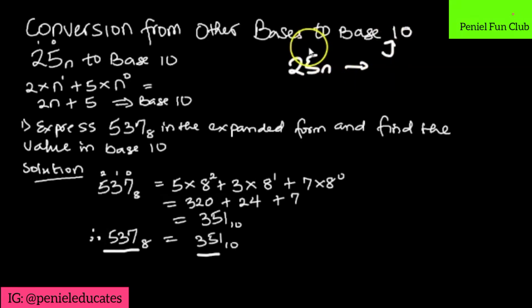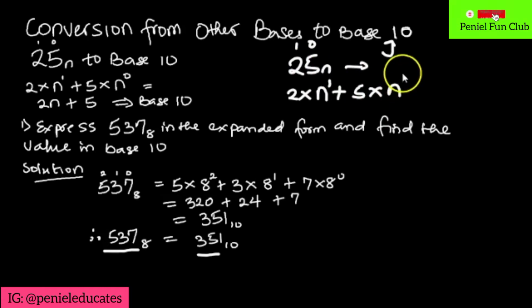We need to start putting our indices, that's 0, 1. So we'll pick this 2, multiply by n, which is the base, raised to power 1, then plus this 5, multiplied by n, which is the base, raised to power 0. So this is how we can convert it.